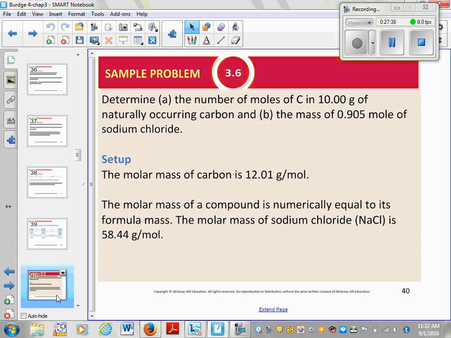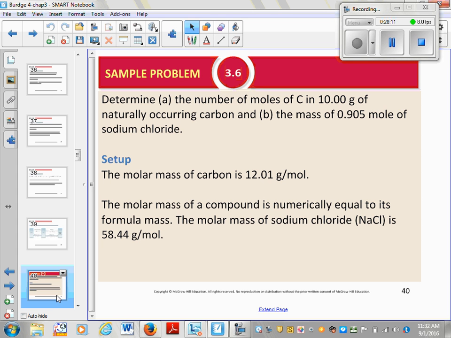So determine the number of moles in 10 grams of naturally occurring carbon. So naturally occurring means you're not dealing with specific isotopes, we're dealing with the average atomic mass. Before we even start putting numbers into equations, people start jumping off there. Look at the roadmap. What are we starting with that we know? 10 grams of carbon.